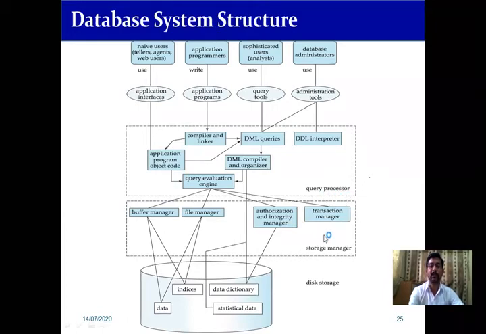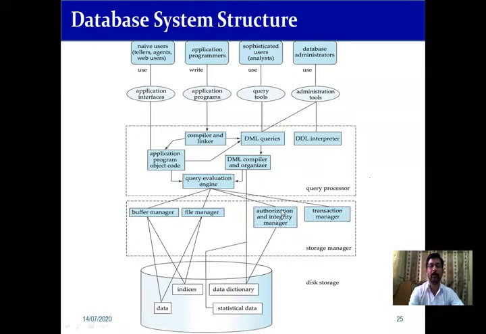Let's move on towards the third module of database system structure, which is the storage manager. This module again contains different components. The first one is the authorization and integrity manager, which helps in applying different integrity constraints, enforcing the different standards, and checking the authentication of the user.